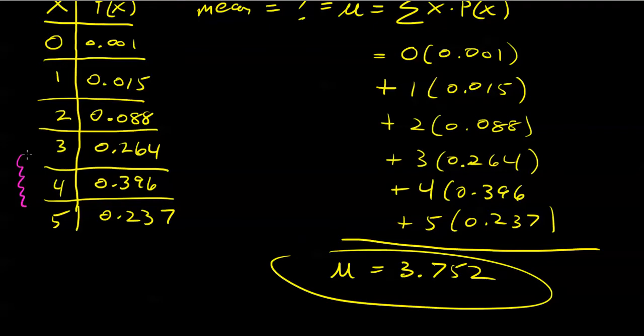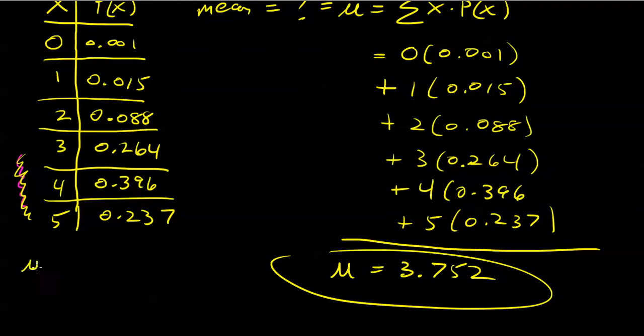And remember, that kind of jives with what I was guessing. If you were to perform this experiment many times, you would expect the most likely value of x to be somewhere in the 3 or 4 or 5 range, right? Just short of 4, as the calculator shows us. Okay? So that's how you compute the mean, and that's not such a bad calculation.